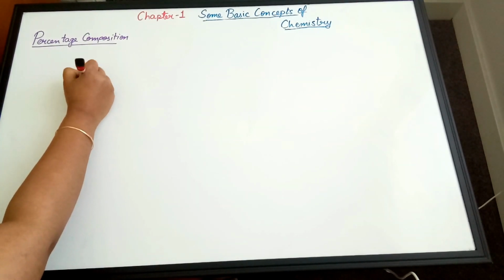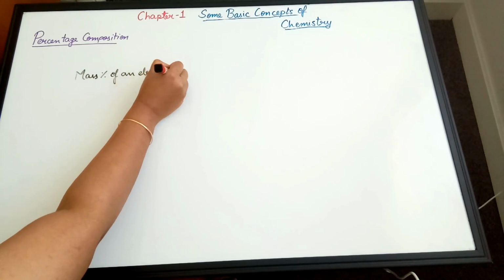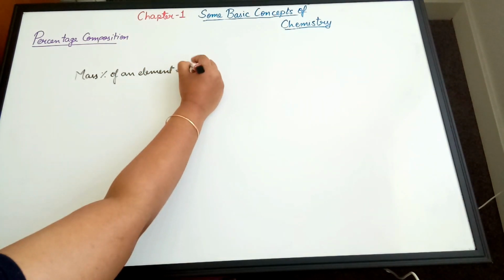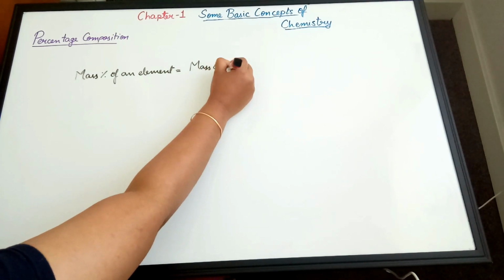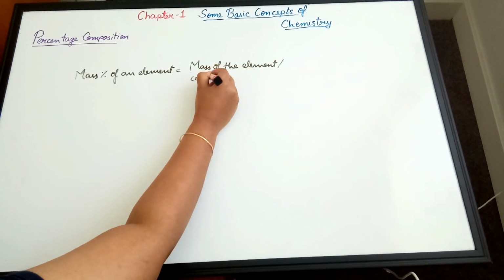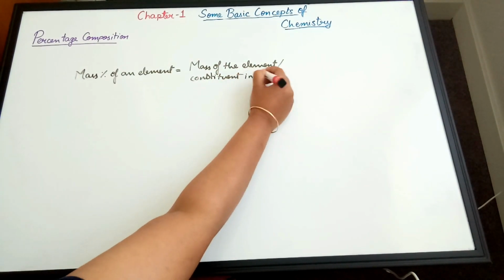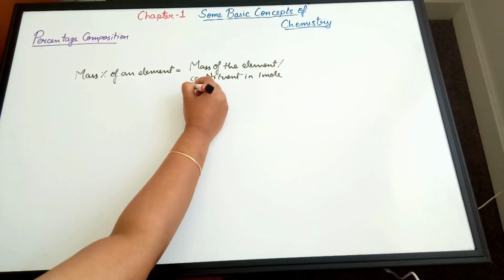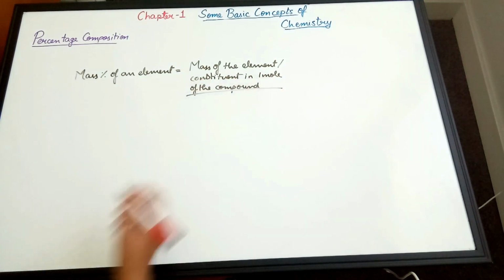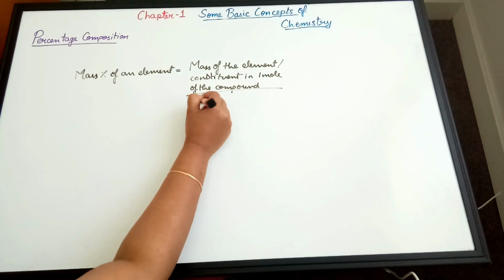mass percentage of an element equals the mass of the element or the constituent in 1 mole of the compound divided by the molar mass of the compound.